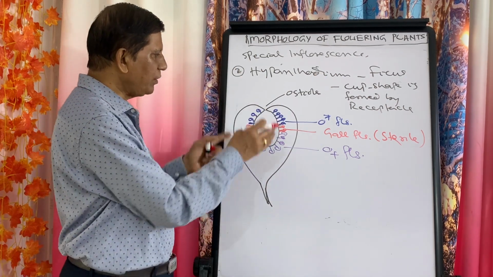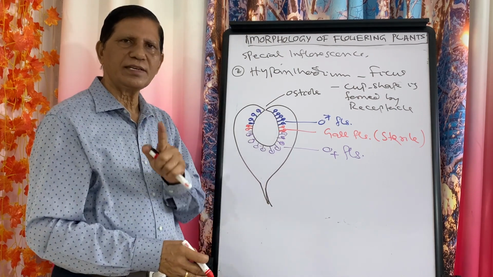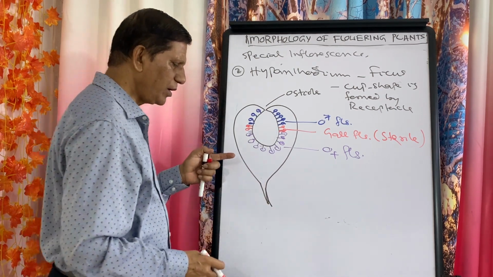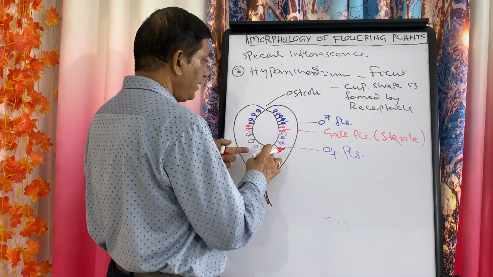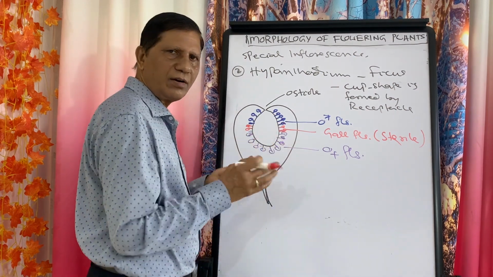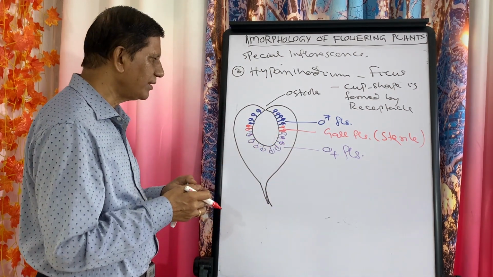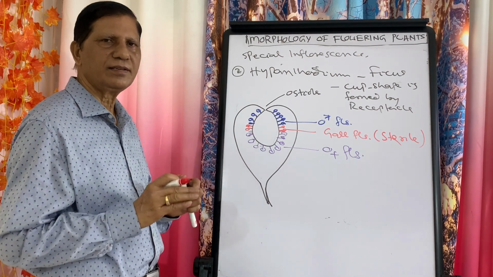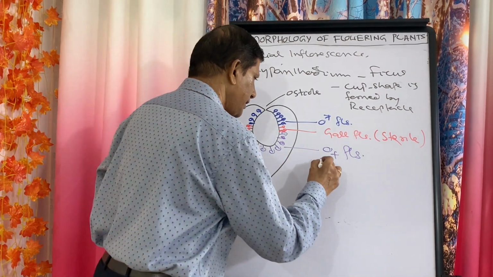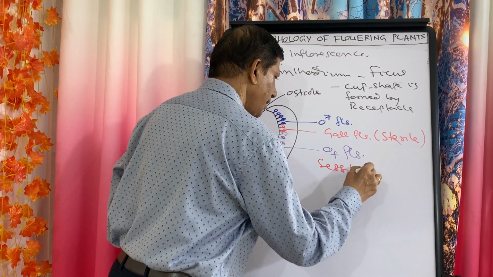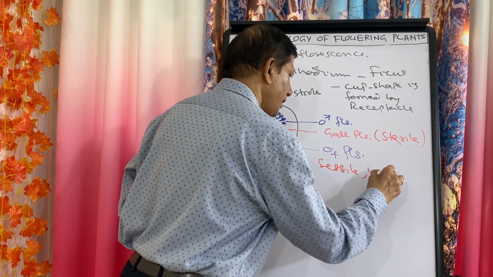So this is one inflorescence, but it looks like a single flower. Here also the flowers are unisexual, not bisexual, and the flowers are sessile.